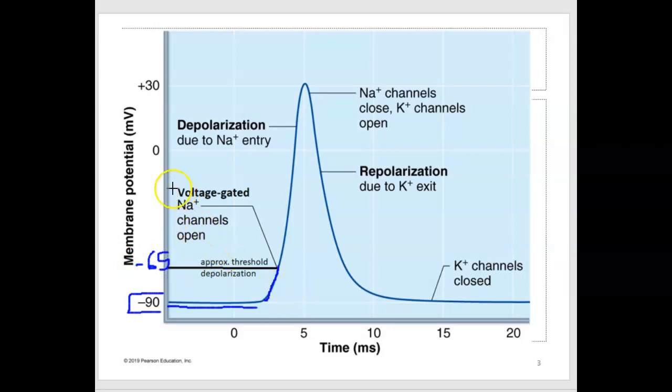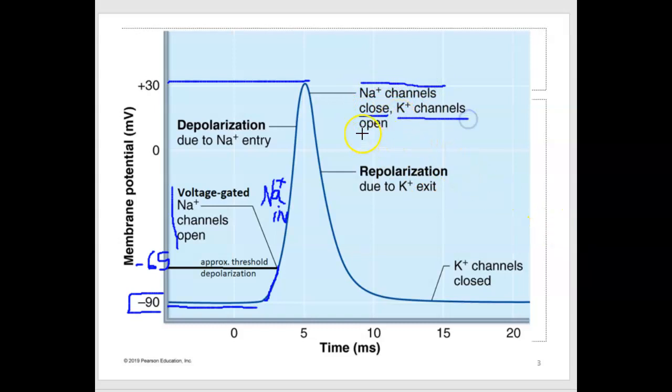And that opens up voltage-gated sodium channels. So now more sodium goes into the muscle cell. Those voltage-gated sodium channels stay open until about 30 or 35 millivolts, and then they close. So sodium channels close at that voltage.